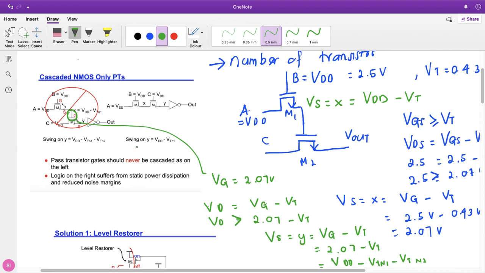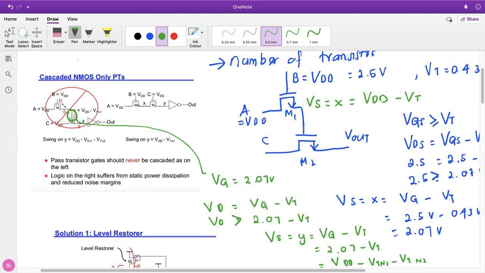So on the right, there's a cascading system where it suffers from static power dissipation. However, it reduces the noise margin. When it reduces the noise margin, you can see the noise margin low and noise margin high, and the total noise margin is getting lesser, which means very small. So this is not a good switching system for a digital design.